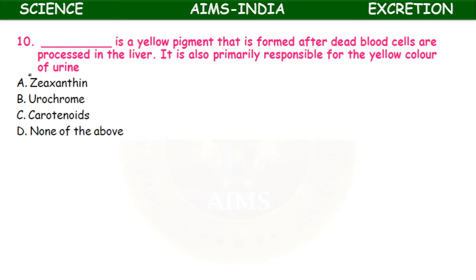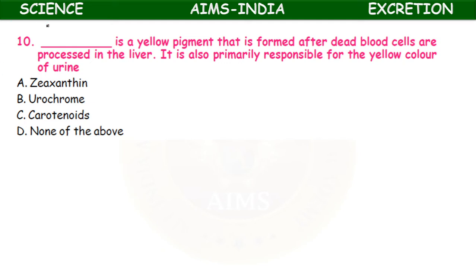Dash is a yellow pigment that is formed after the dead blood cells are processed in the liver. It is also primarily responsible for the yellow color of urine: xanthin, urochrome, carotenoids, none of the above.